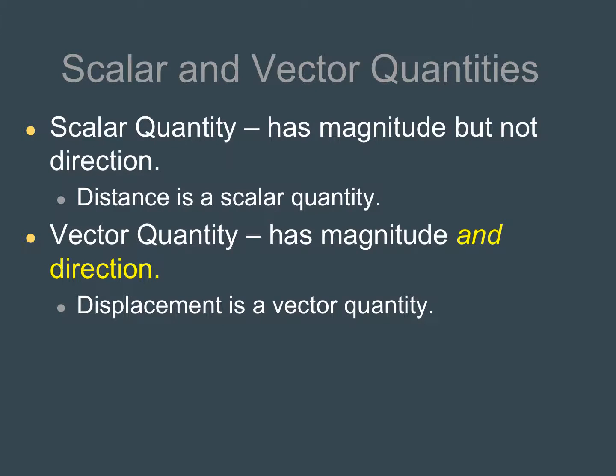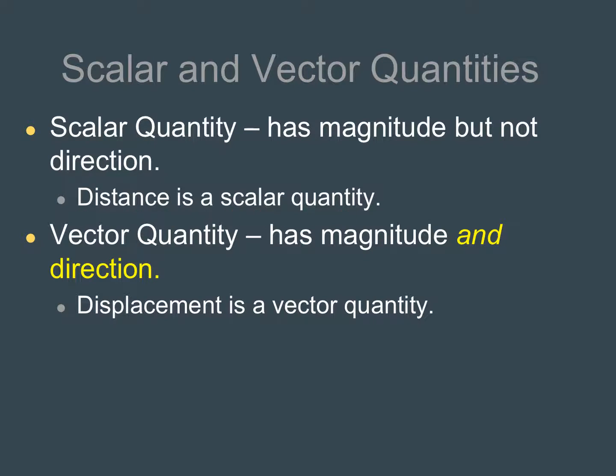Okay, the last thing we're going to go over real quick is a difference between a scalar quantity and a vector quantity. These are just terms that we use in physics and in physical science to explain certain terms. A scalar quantity has a magnitude, or a number, but not a direction. The one thing we just talked about that doesn't have a direction but has a number attached to it is distance.